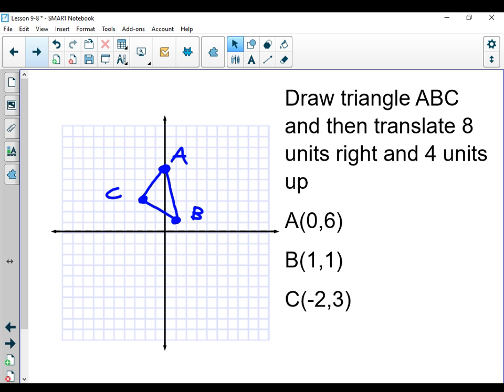We're going to move all of them 8 right, 4 up. Kind of drag your pencil along. Now it's called A prime once it moves spots. That's the image.